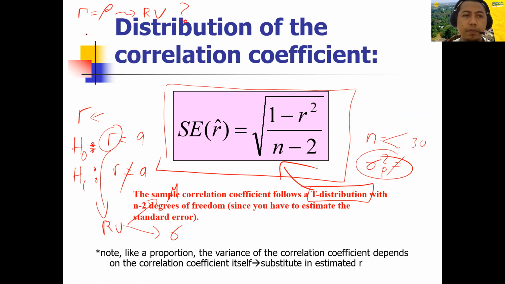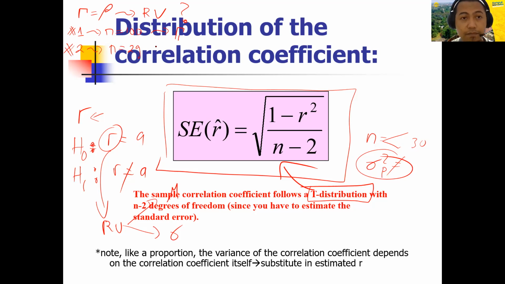For example, you have data from the first observations. You have a sample size n, let's say 100, and you compute the correlation coefficient, call it R1. And from the second observations, you have n equal to 29.